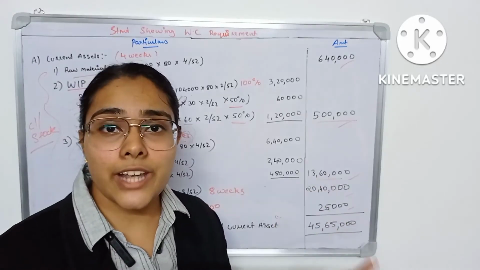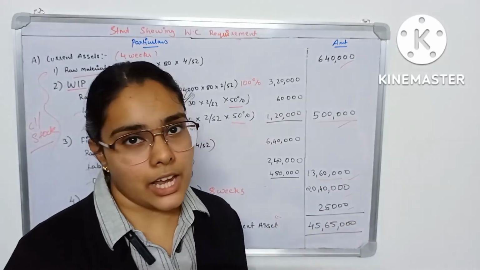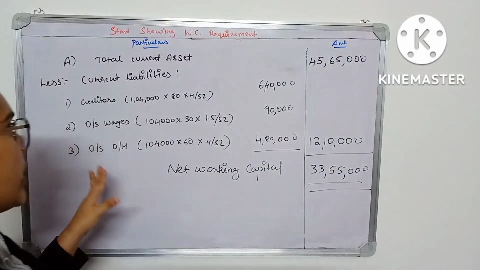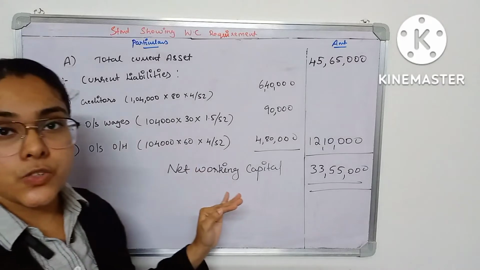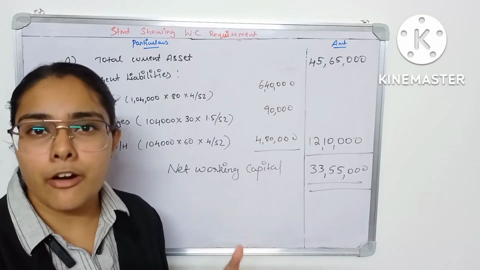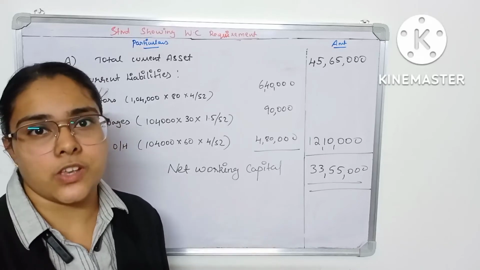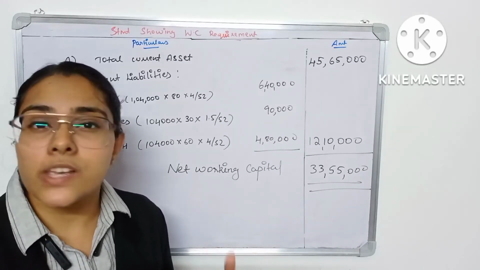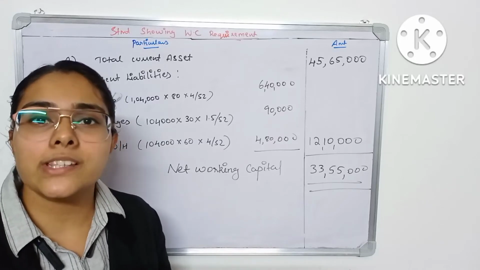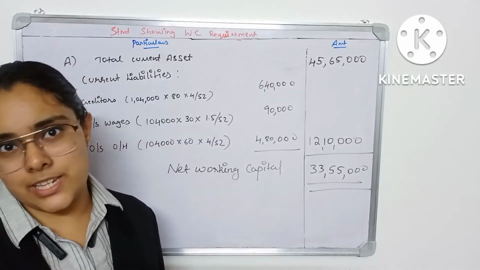Now let us move on to the calculation of current liabilities. Moving to the current liabilities part, we have creditors for raw materials. We consider creditors for the supply of raw materials, or merely purchases. What do we purchase? We purchase raw materials. So when you are calculating the value of creditors, we always take the value of raw materials.